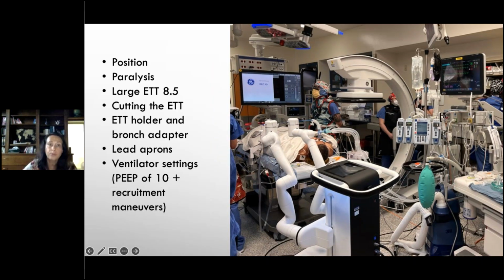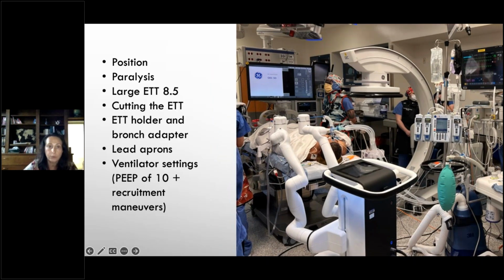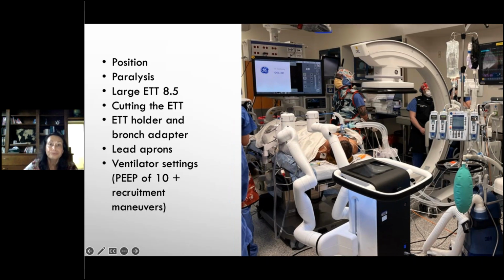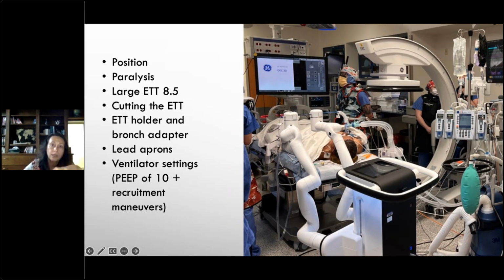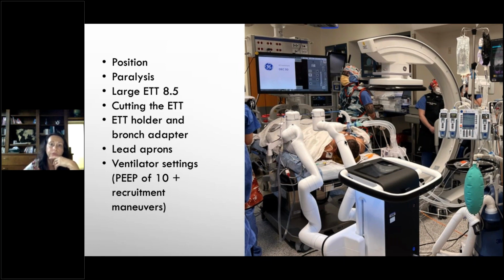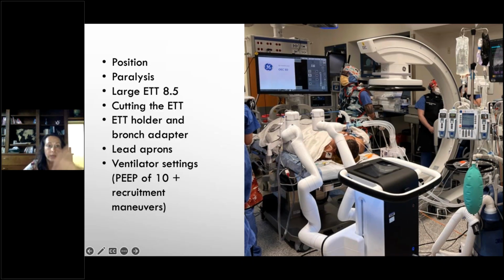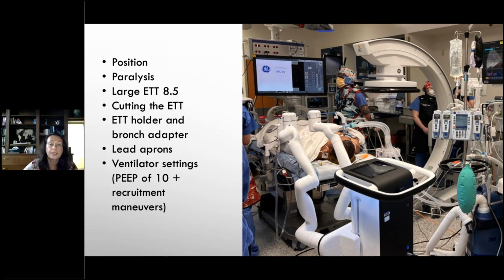The patients have to be paralyzed to make sure that they're not moving, that they're not coughing. The endotracheal tube should be cut to a shorter length to align all the robotic arms. And there are leaks associated with the bronchoscope adapters there that we have to counteract.